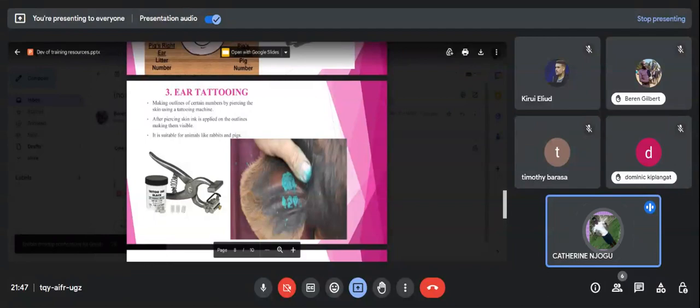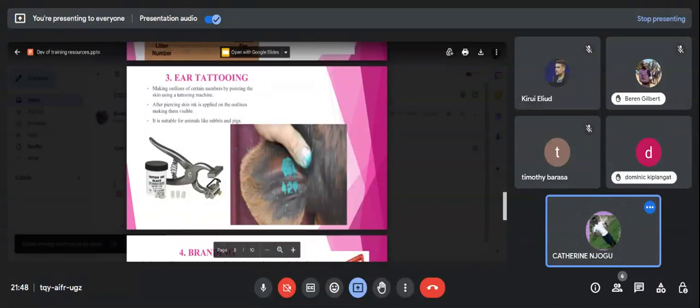So in our case, I have kept for you a tattooing machine and a black ink for tattooing purposes. After piercing the skin, you use the ink so that the piercing can be visible, and it is suitable for animals like rabbits and pigs.